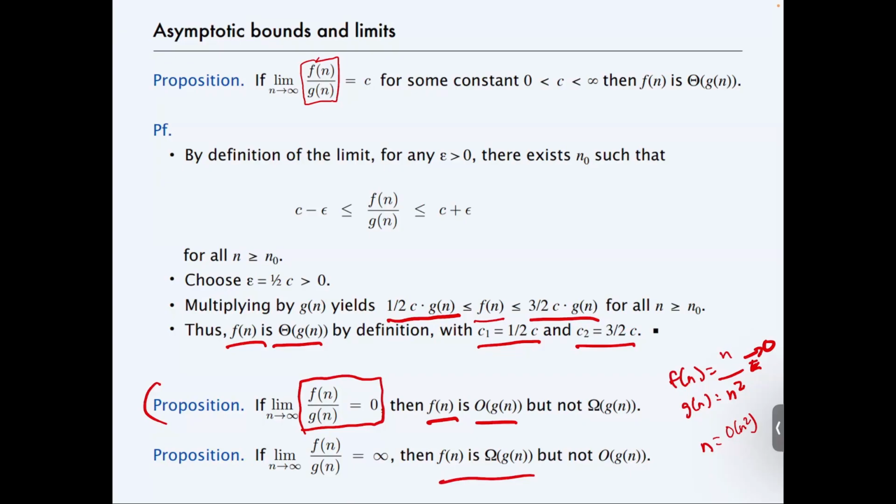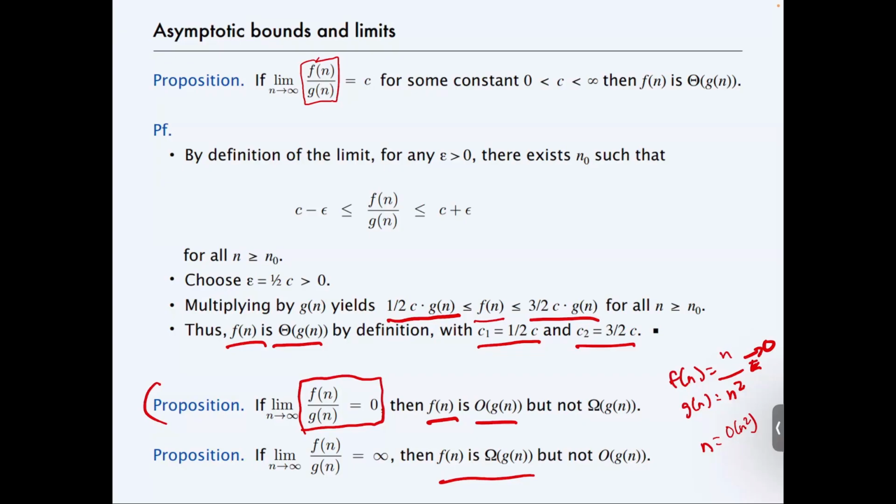This slide is important because it gives us a practical technique for figuring out whether a function is big O, theta, or omega of some other function. Instead of trying to prove the asymptotic bounds directly from the formal definition every single time, you can often compute it just by looking at the limit.